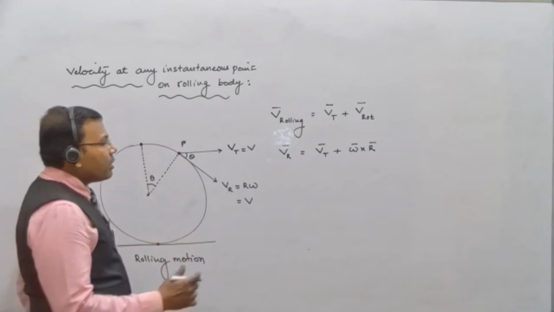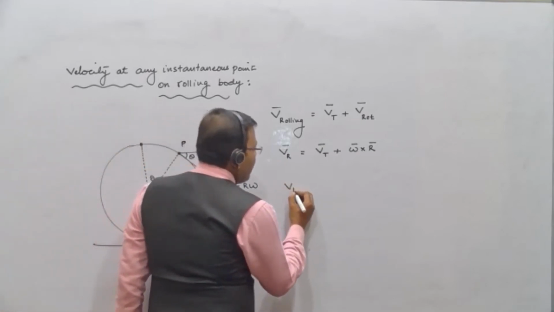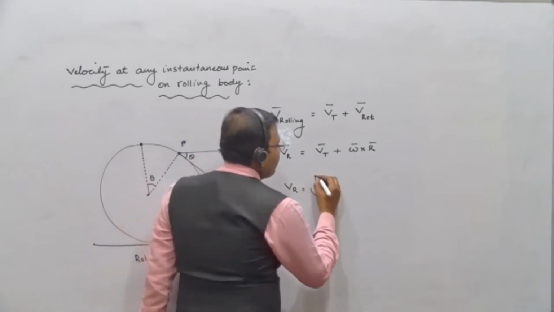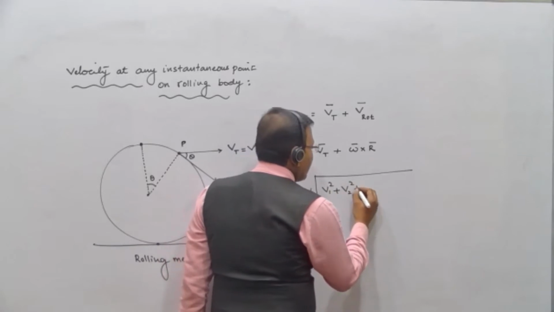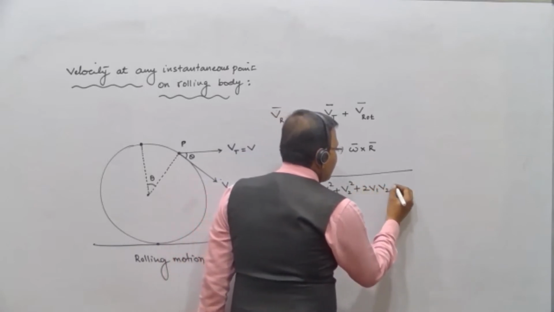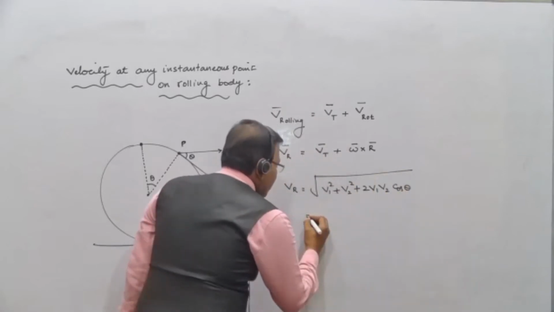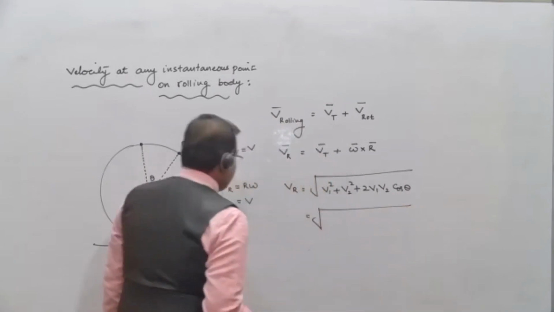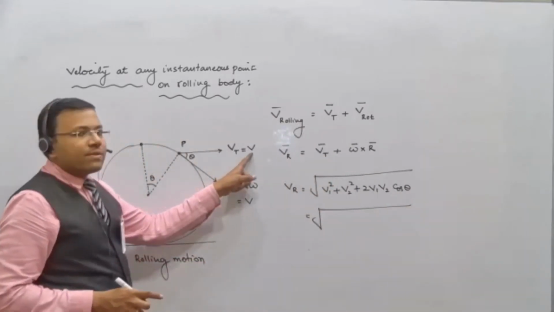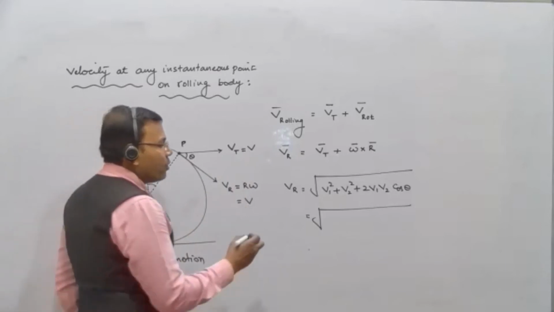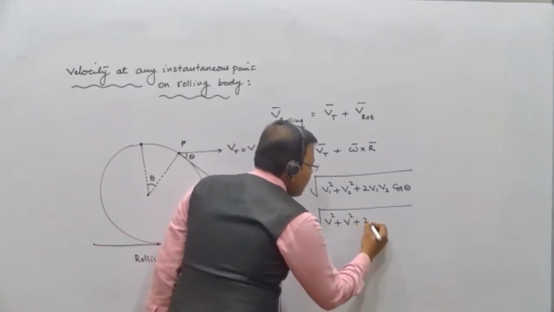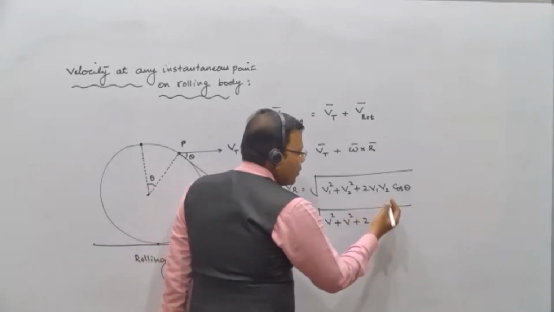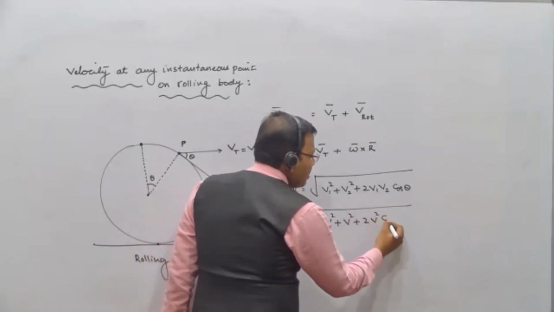So now we calculate the resultant velocity. Pay attention. The resultant is the square root of, and the formula I am going to use is v1 square plus v2 square plus 2 v1 v2 cos theta. Here v1 is v, and v2 is also v. So this is v square, this is also v square, plus 2 times v1 into v2, which is also v square, times cos theta.